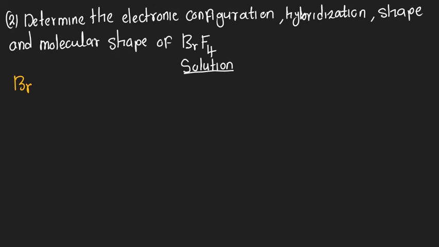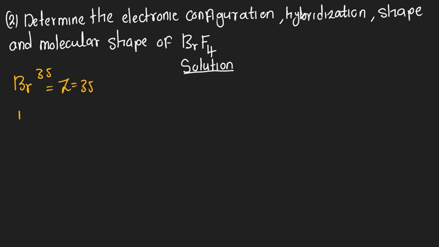Bromine is having how many electrons? Let me check. Okay, so bromine is having an atomic number of 35, implying that Z is equal to 35. How do you write its electronic configuration?